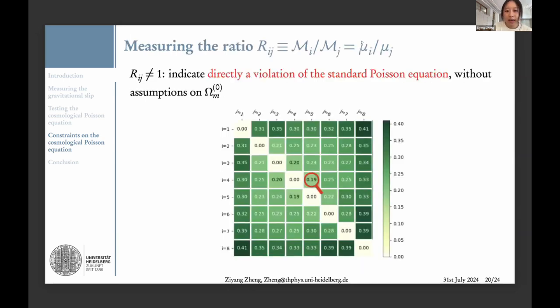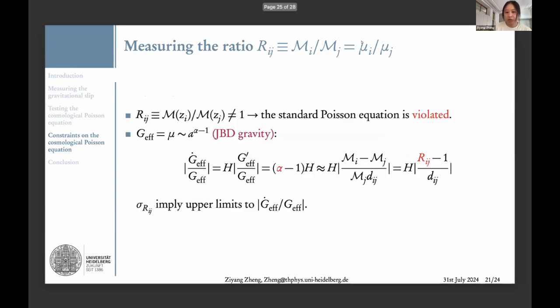Another conclusion is about measuring the ratio of these two, this M ratio, where Mi, Mj are two different M results at different redshift bins. By considering this ratio, we are able to get rid of this omega M0. In that case, this R quantity is an estimation of a violation of the standard Poisson equation.